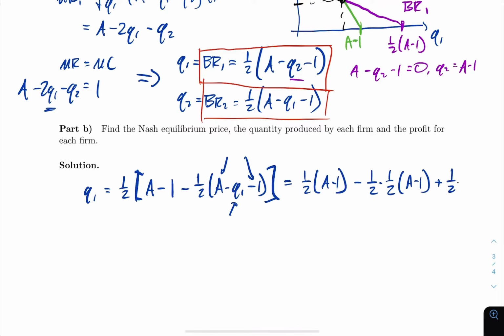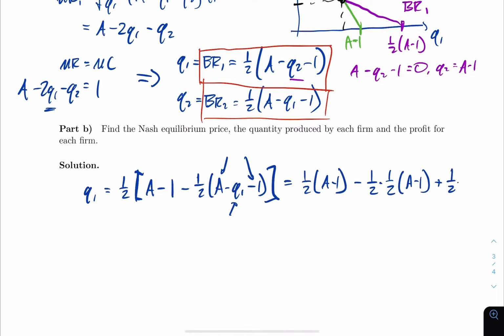So the price, we get it from the demand curve. It's A minus Q, which is Q1 plus Q2. Q here is Q1 plus Q2, which is 2/3 (A minus 1).